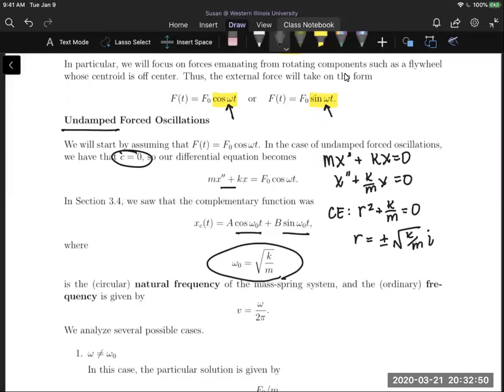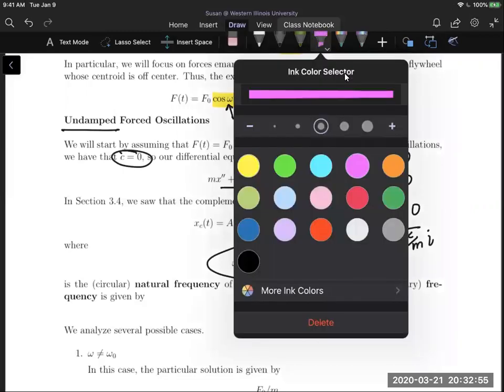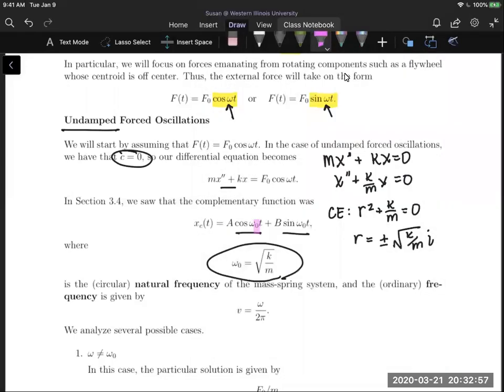So again, I just want to point out the difference between omega naught down here as opposed to omega up here. If it's a single omega, that's referring to the function f of t. If it's an omega sub 0, or omega naught, that's referring to the weight inside of sine and cosine in the complementary function.